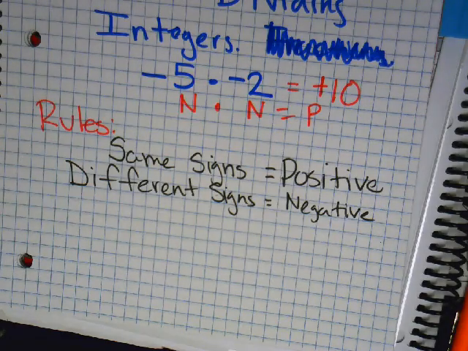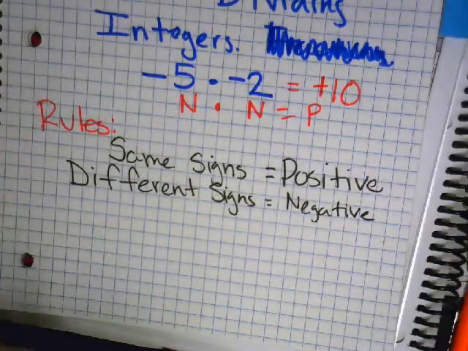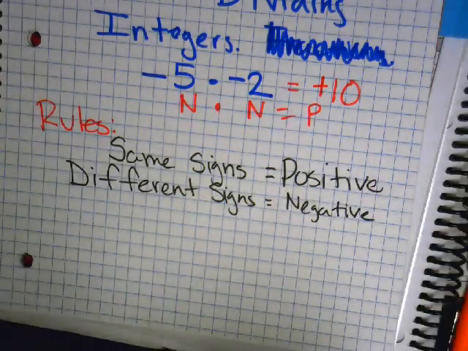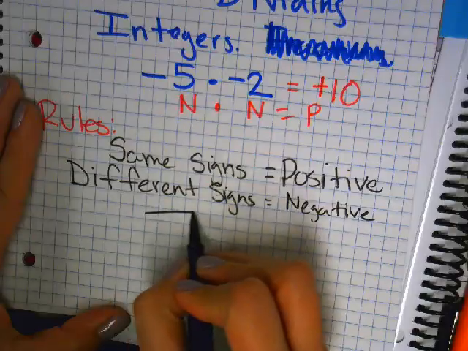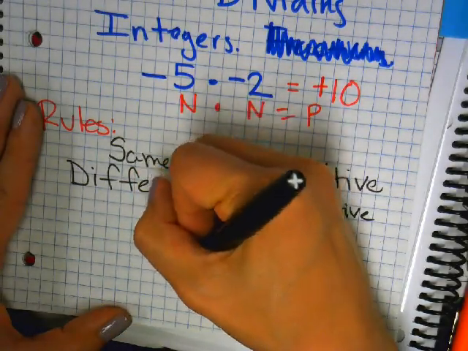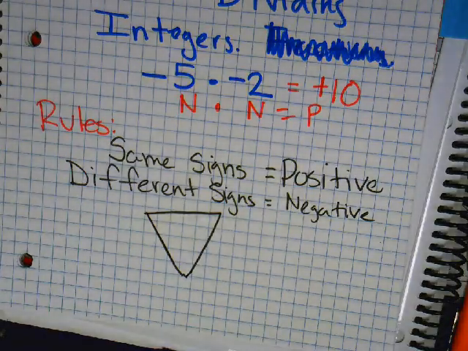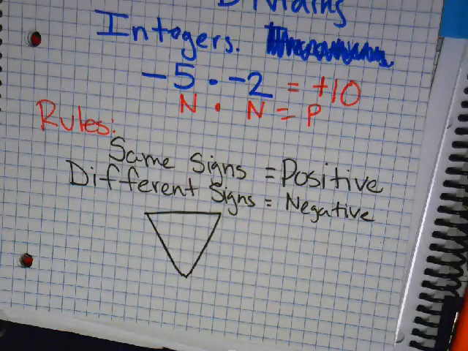Okay. So here's one way of learning it. Now there's a different way. We're going to call in the superhero. Dorito Man.